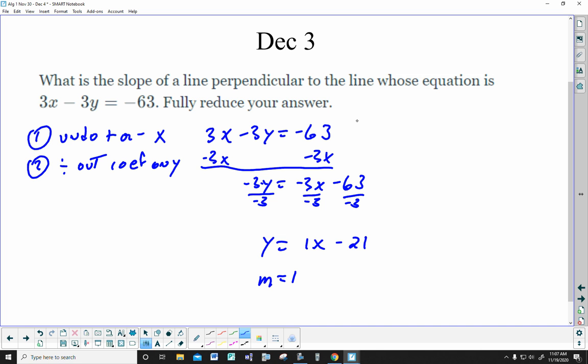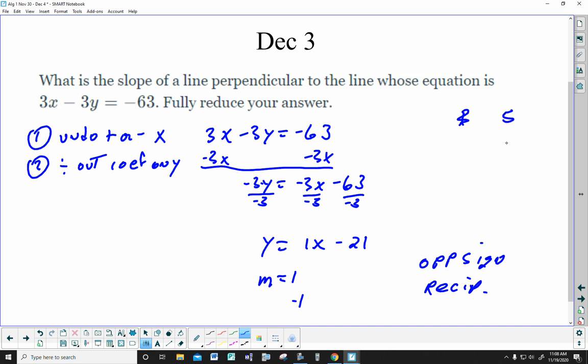Now, the slope of the line that they're telling you is 1. Find the slope that's perpendicular. Well, remember, to get a perpendicular slope, you take the opposite sign and the reciprocal. The opposite sign is negative 1, and you have to take the reciprocal. Let me try it with an actual number, like 5.